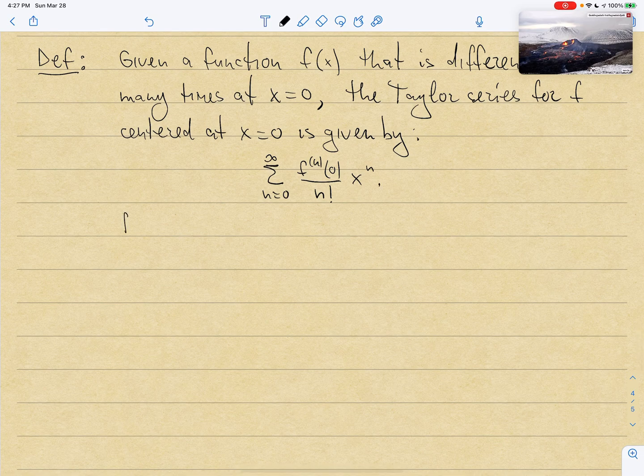Further, let's call this Tk of x, equal to the sum from 0 to, oops, not from 0 to infinity, it's 0 to k.